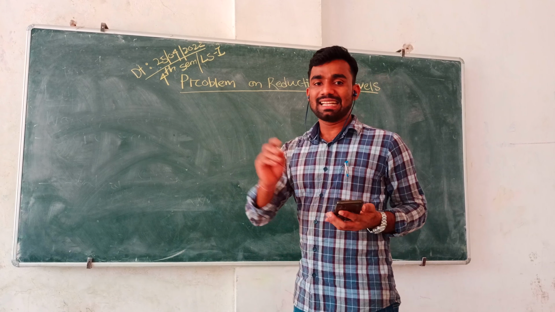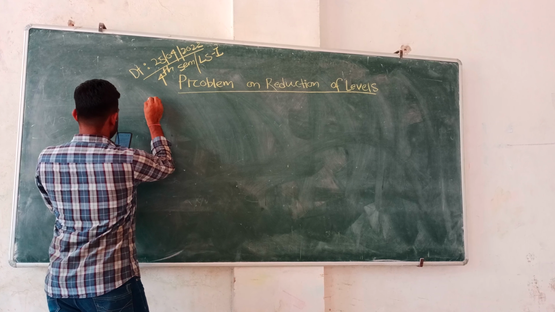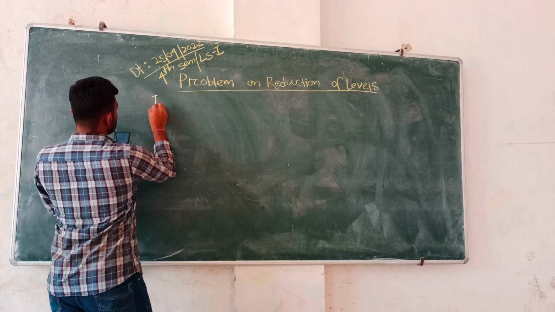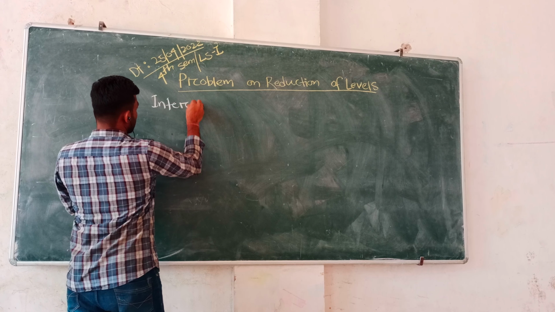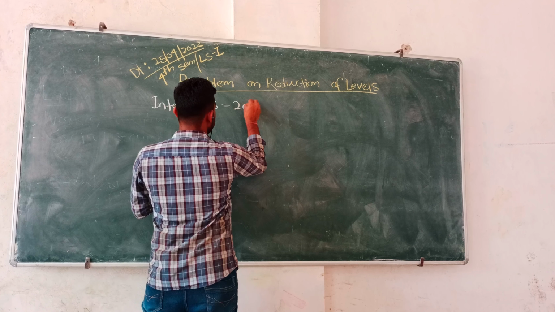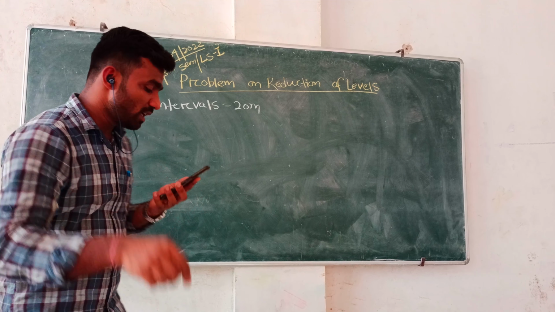If the data is written in this format, suppose this is the given question. Interval is equal to 20 meters. That means station 1, station 2, station 3, each successive interval is 20 meters.